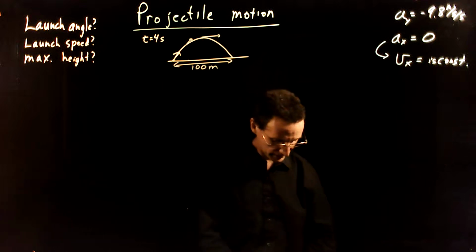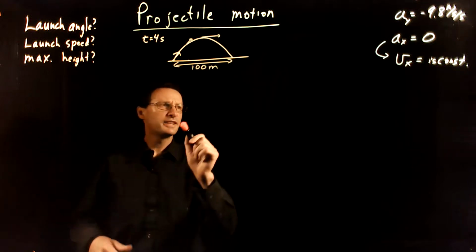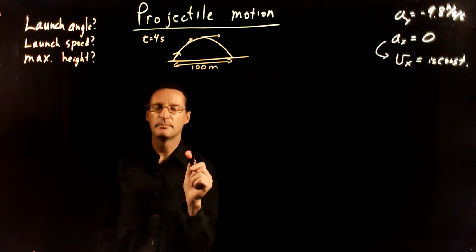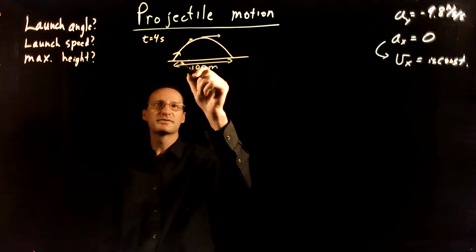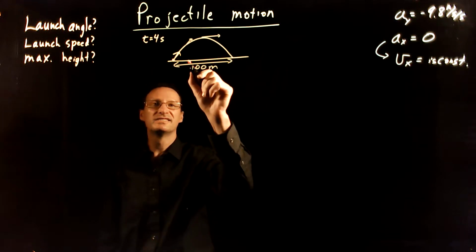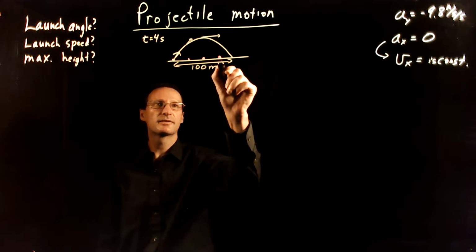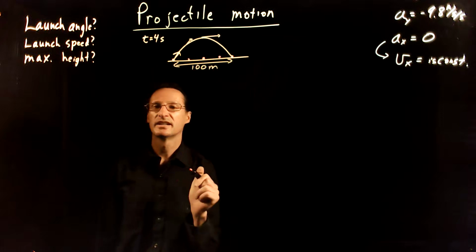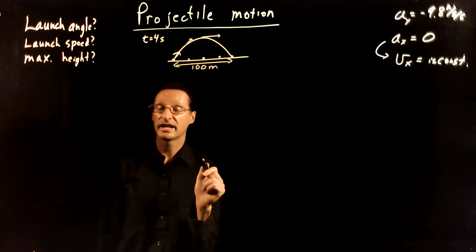So let's go over here and think about what's going on with this problem. If the horizontal velocity component is constant, that means that as this thing travels through, it launches here at 0 seconds, after 1 second it's here, 2 seconds it's here, 3 seconds it's here, 4 seconds we've landed again. So that's the total horizontal motion diagram.